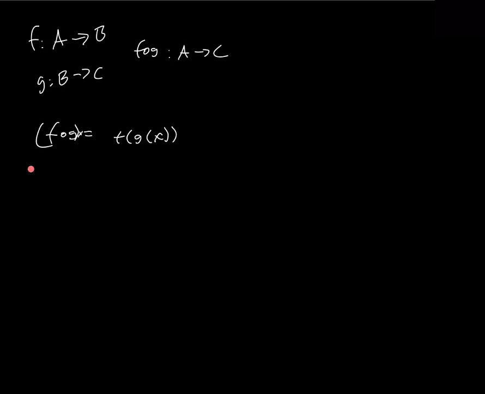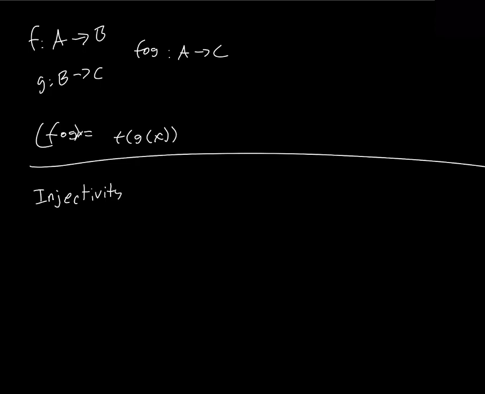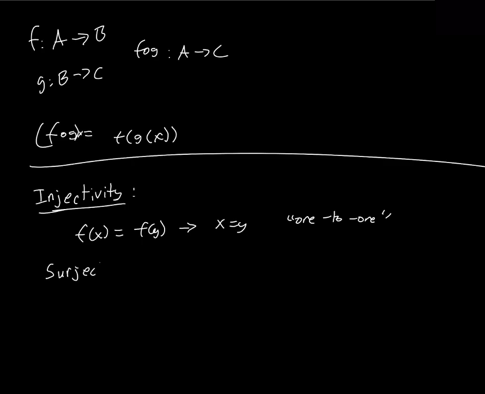Pretty nice thing. We also have injectivity and surjectivity. At first, these seem pretty unrelated, but once we see more examples, we'll see how they're actually kind of dual. So for example, injectivity: f of x equals f of y means that x equals y. So what does this mean? We have one-to-one, right? So that means we can't hit anything in the codomain more than once. Surjectivity is we can't hit anything in the codomain less than once.